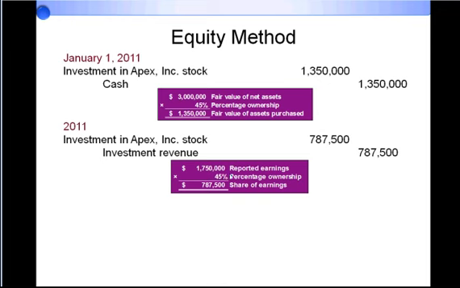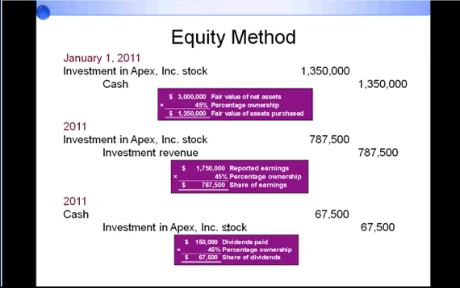Our share of it was 45%. That's where we get the 787,000. So we debit the investment because that's good for our asset. That increases the value of the company. Thus, it increases our share of the company. And then we credit investment revenue. That's how we recognize revenue. Again, we treat it just as if the company paid out dividends for every dollar of income they made.